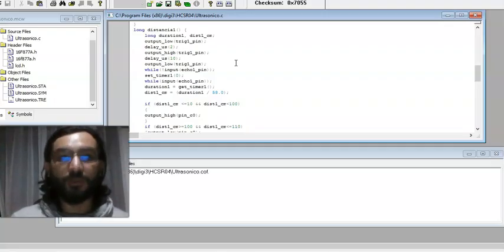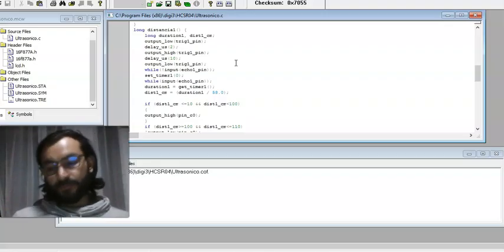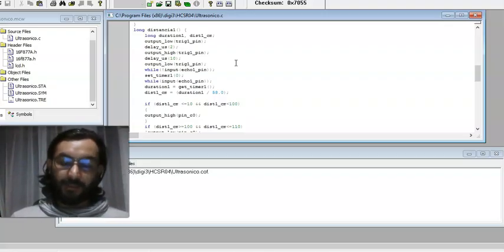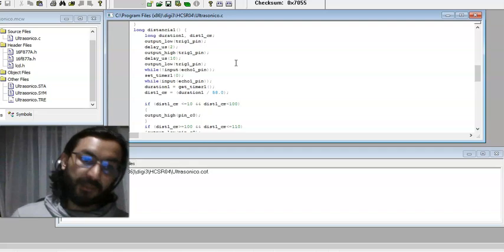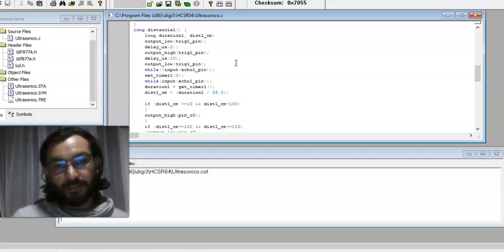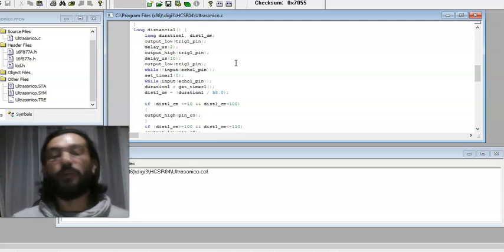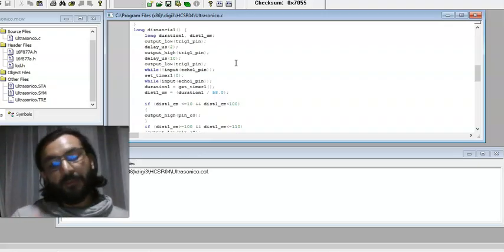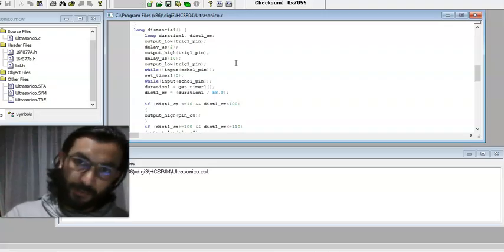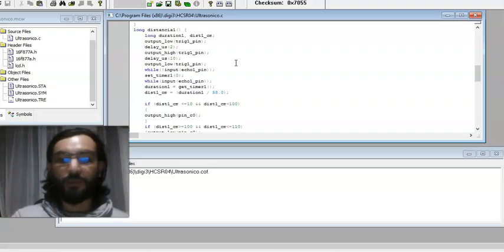This is the function for the calculation of the distance. We must send a little pulse of 10 microseconds in the pin trigger. Then the sensor sends one sound wave that crashes over the object, over the material, and comes back to the sensor.